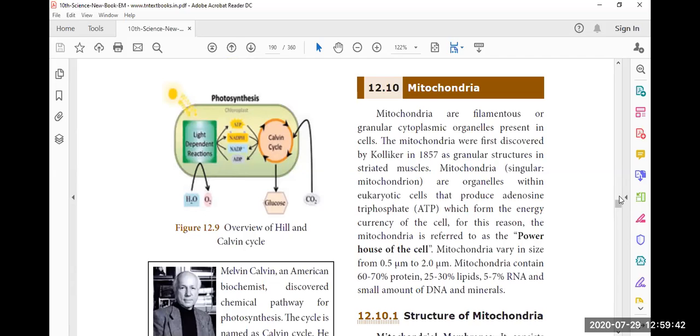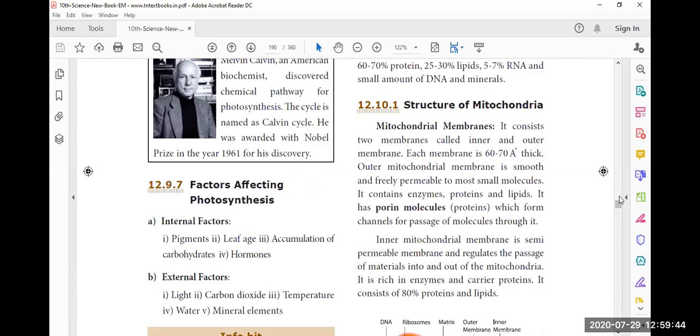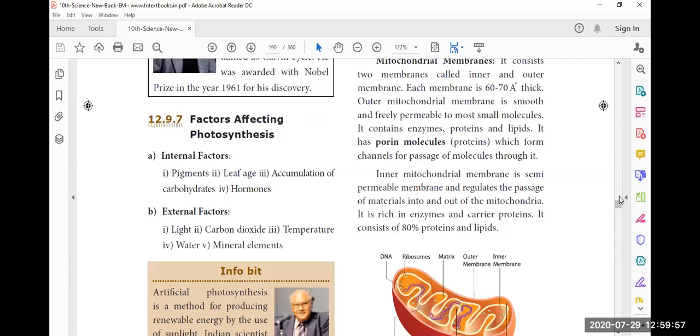So, factors affecting photosynthesis. What factors affect photosynthesis? There are two kinds of factors, internal and external. The internal factors are pigments: if the number of pigments is less, the photosynthetic process is affected. Next, leaf age also affects photosynthesis.